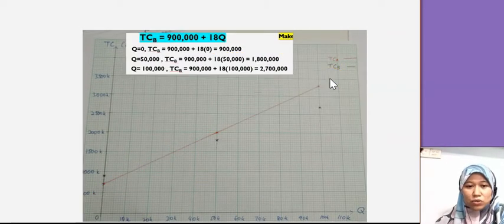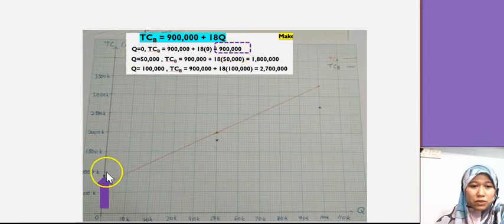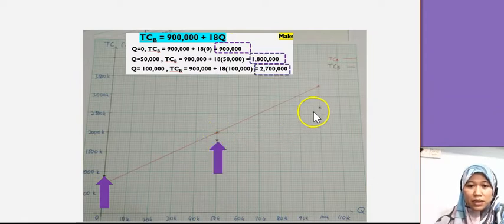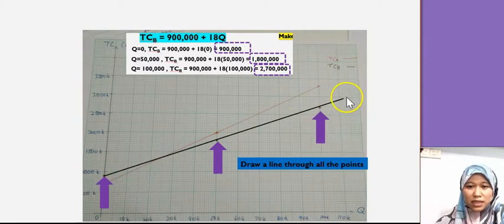Now we do the same for TCB. Okay, TCB we calculated earlier, when Q is 0, 900,000 somewhere here, and then when Q is 50,000, somewhere here, 1.8 here, and then for 100,000 it becomes 2.7 somewhere here. So again draw the line.